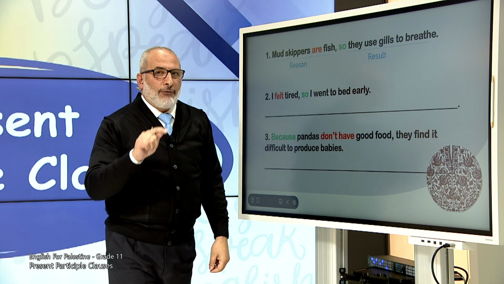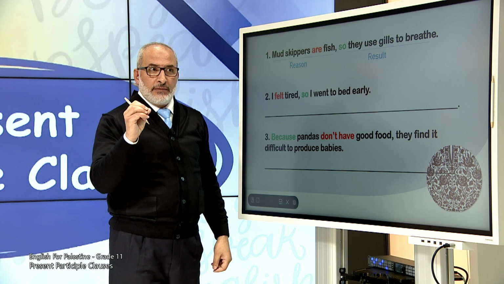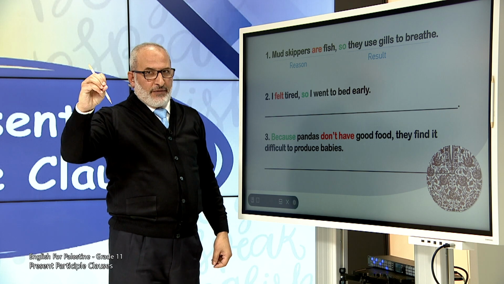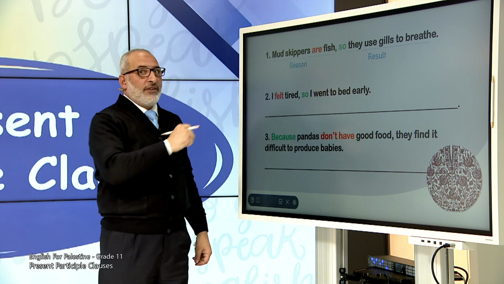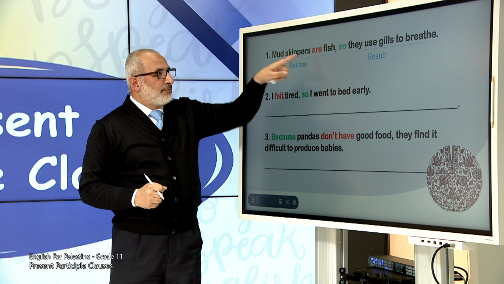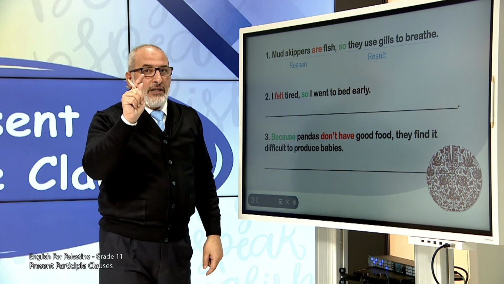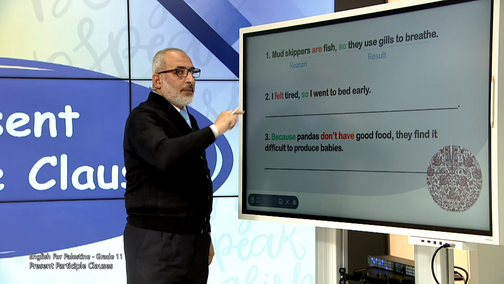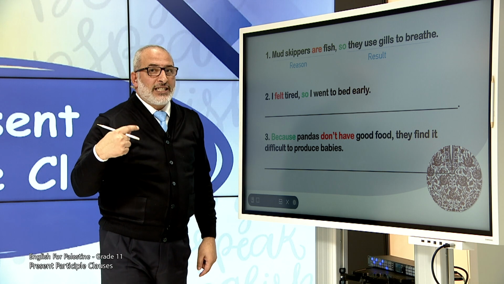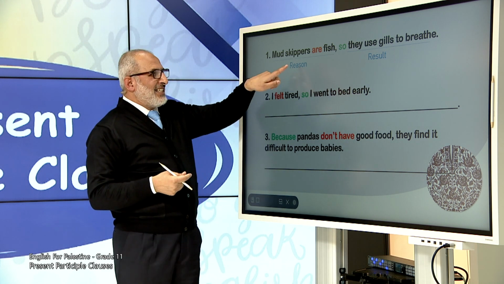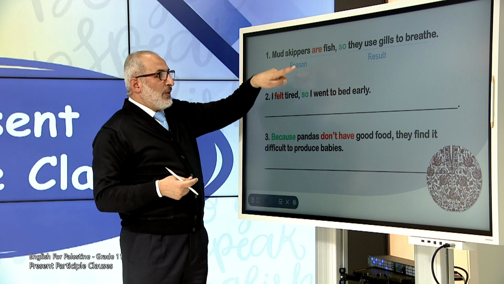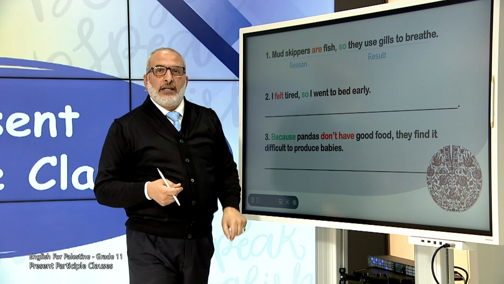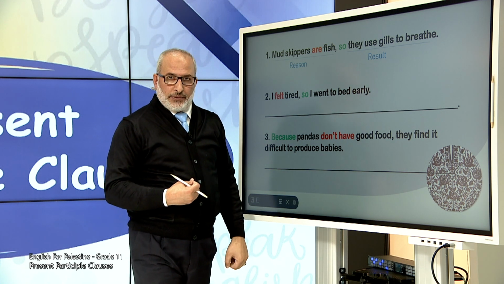Again, what is the form of a present participle clause? Yes, the ing form of the verb. Where is the verb here? And by the way, I'd like to remind you that we use present participle clause to express a reason. So where's the reason here? So I rewrite this part using present participle clause.